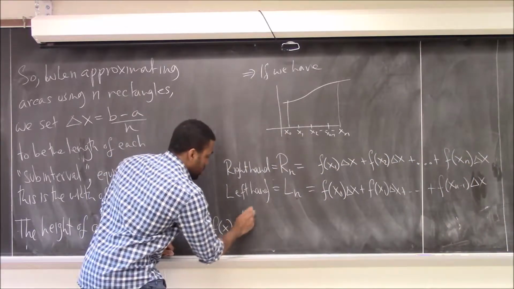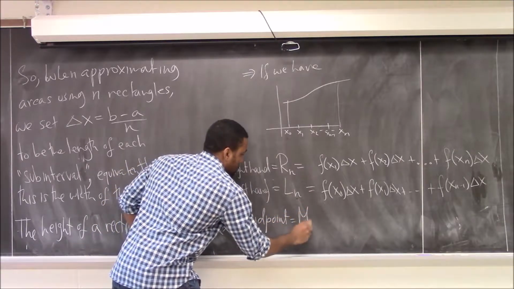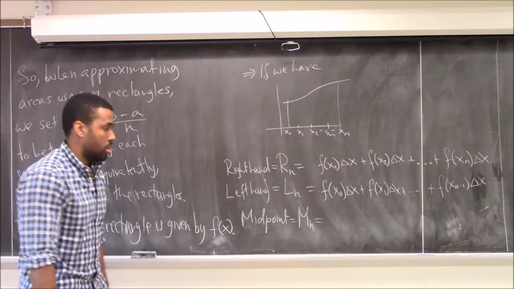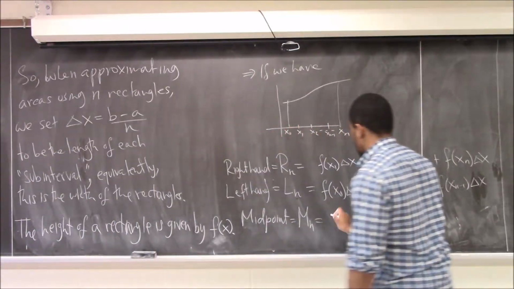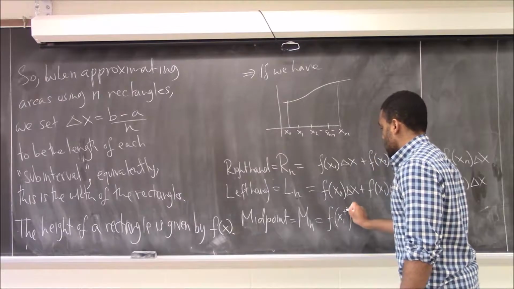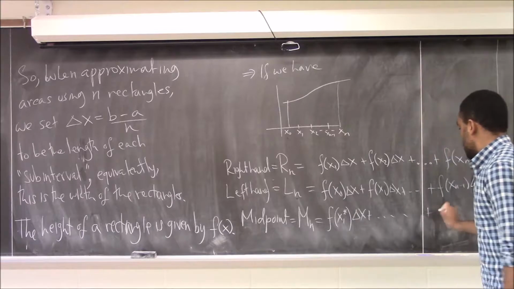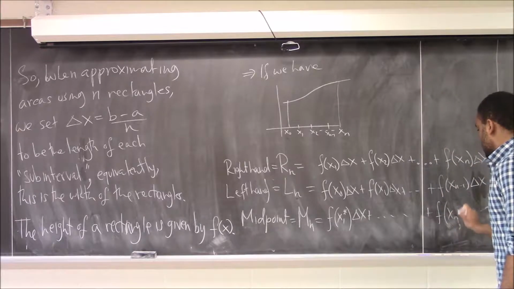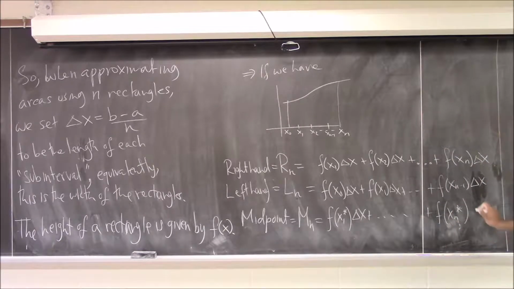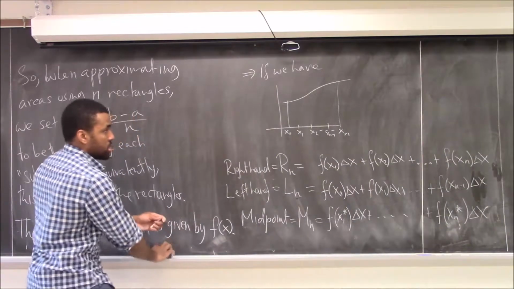If you use midpoint, it's big N, little n. This guy's called x1 star delta x, plus and so on, up to f of xn star delta x. And in the above, the star just means in the middle, right?